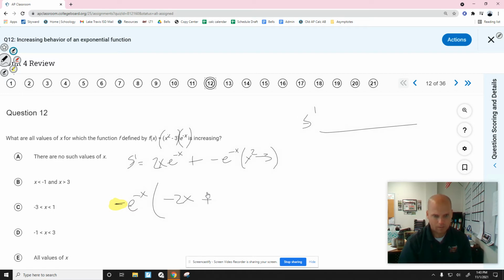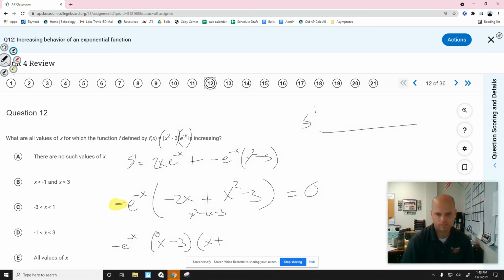But it makes this a positive x squared minus 3, which I want, to solve this equation equal to 0, positive x squared for factoring purposes. So negative e to the negative x, this is x squared minus 2x minus 3, which is x minus 3 times x plus 1, giving me negative 1 and positive 3 as my zeros of f prime.